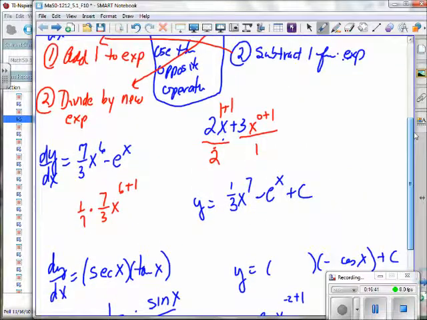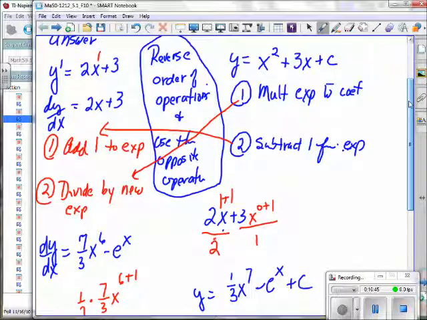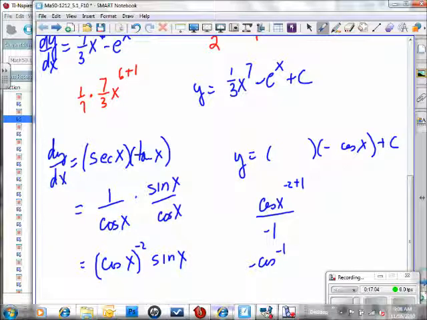Well, to create the function, we'd have to add 1, and that would give us negative cosine to the negative 1. Would that do it?